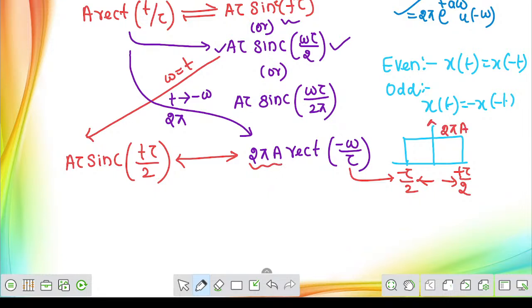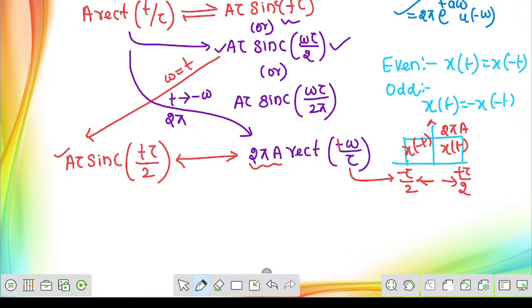If you observe the left hand side and right hand side, x of t and x of minus t are both equal. So this is an even function. It means minus can be considered as plus. So you can put 2 pi a into rectangular of omega by tau as the corresponding Fourier transform of a sinc function when it is given.